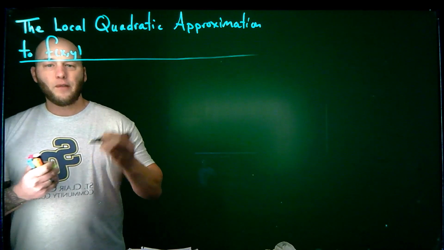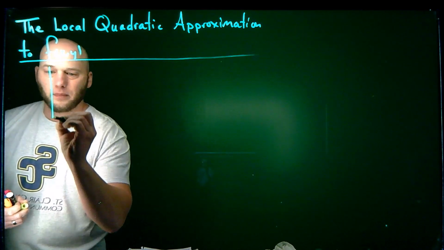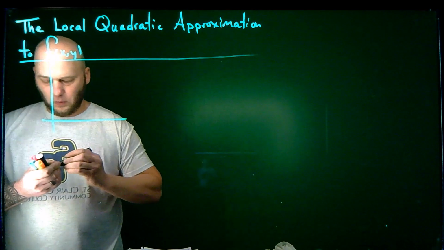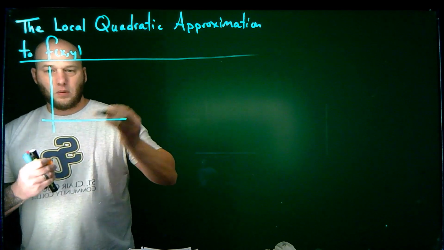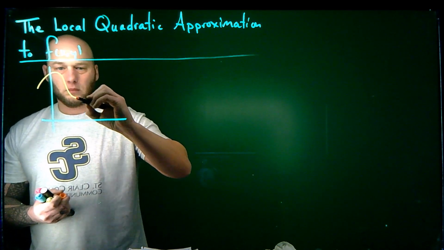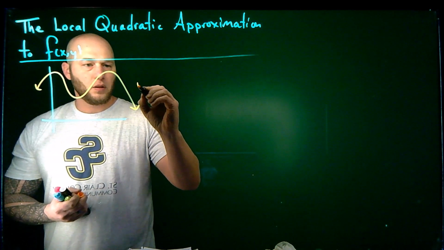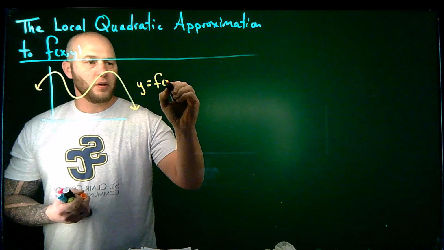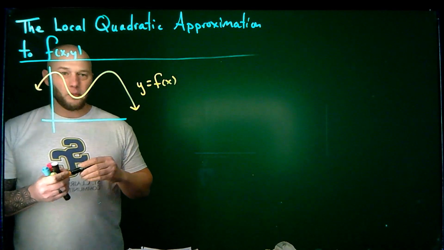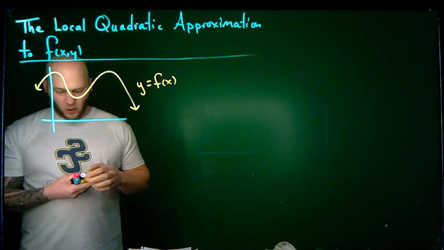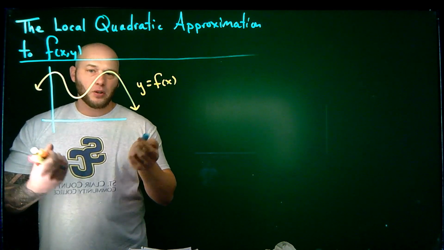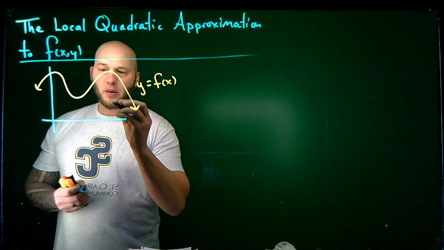So let's say I have the following graph. And let's say this is, again, y is equal to f of x. So this is the graph of a function of a single variable. And let's say I wanted to find a quadratic approximation at a point like this.